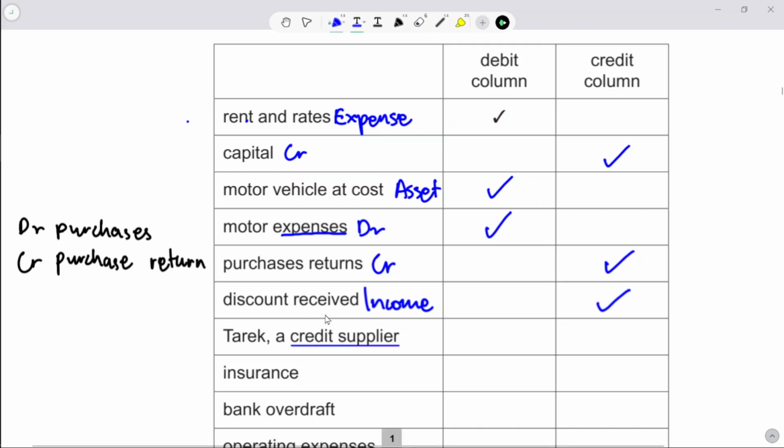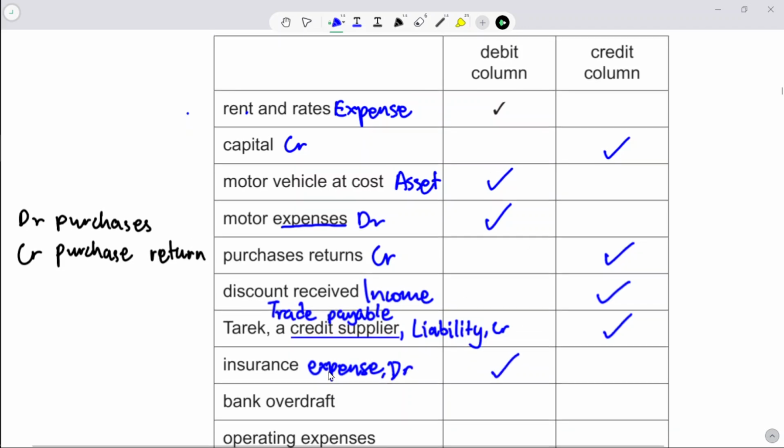Credit supplier is actually trade payable, so it's a liability. Liability we credit, so credit here. Insurance is an expense, so we debit here.